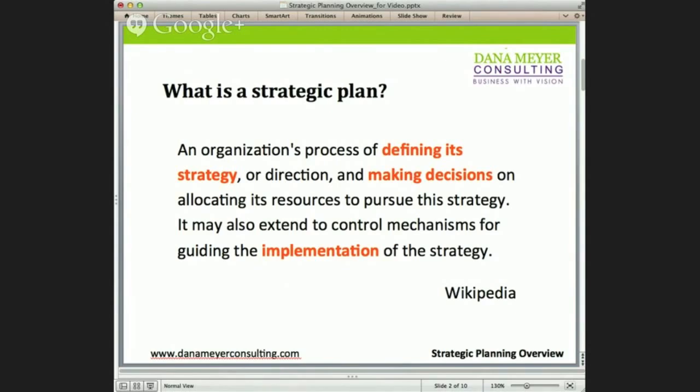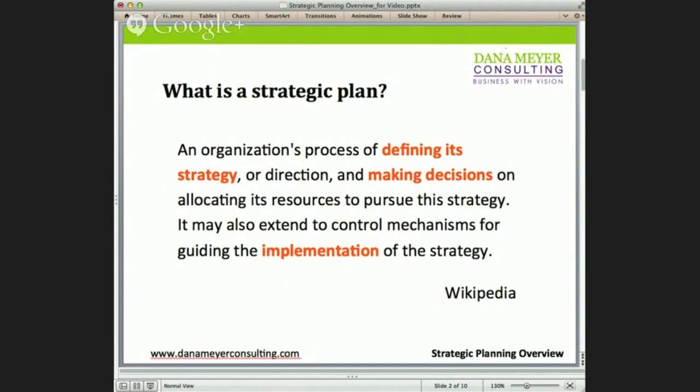I also like the fact that it notes that it's an ability to identify the control mechanisms for guiding the implementation of the strategy. The best strategies are ones where you are designing with the end in mind. And that means the execution and the implementation of the strategy.